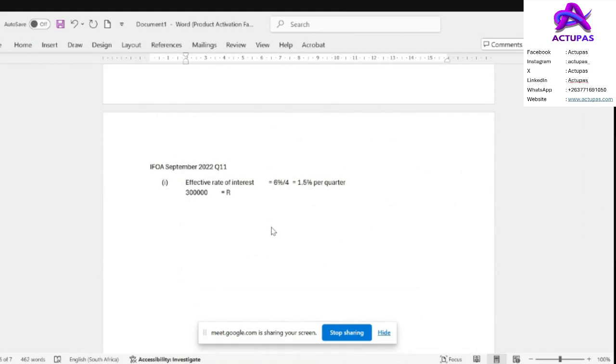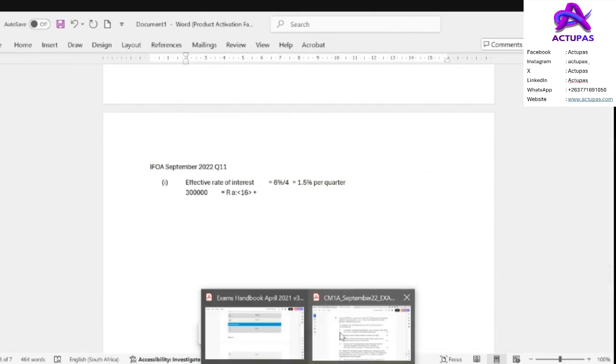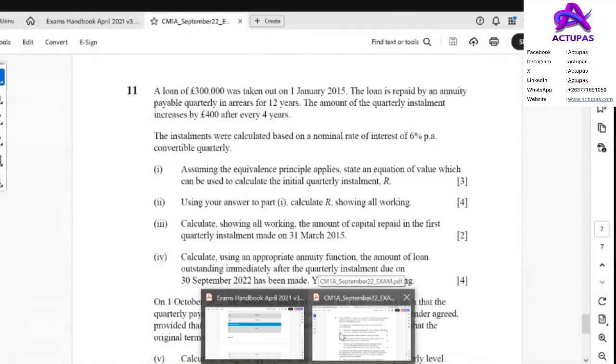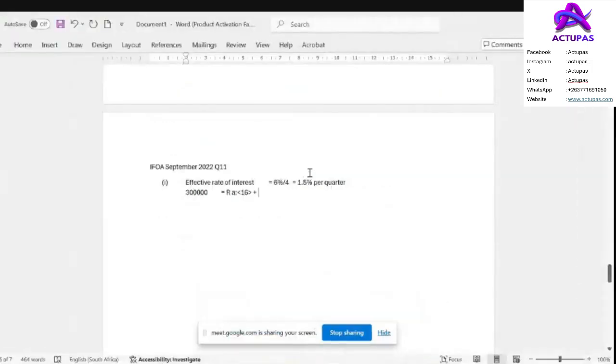So this would be R, and the annuity for 16 quarters because it's 4 times 4, 16 quarters.